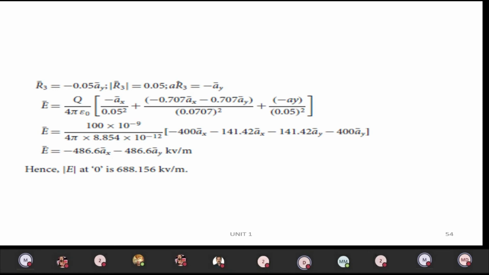To get 688, we have to take the modulus of that vector. Above we have got minus 486.6 AX minus 486.6 AY. So we have to square, like the last problem we have done here.